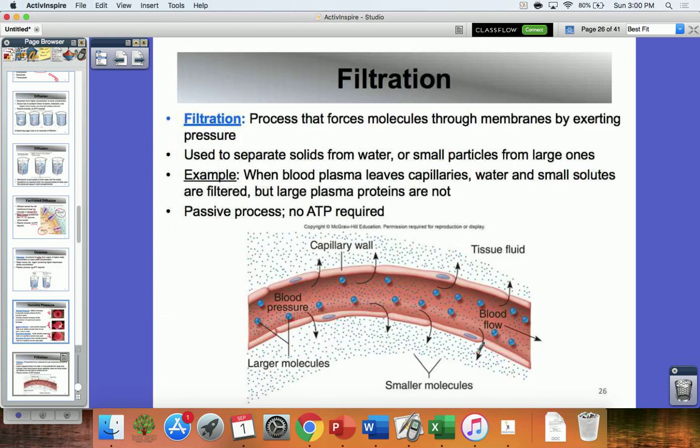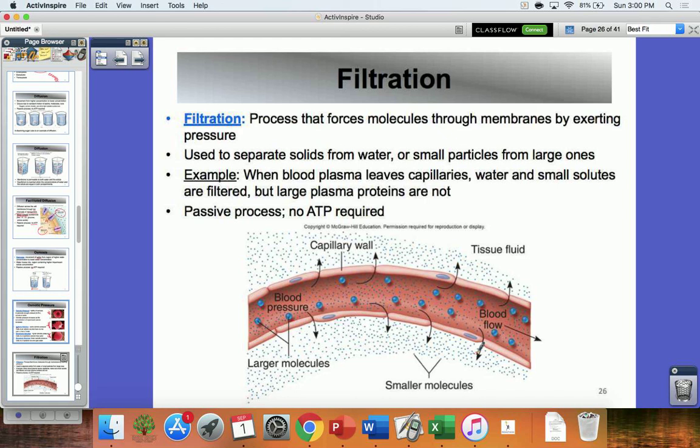Next, we have filtration. Again, filtration is a passive process, but in this case, particles or molecules will be moved because of pressure that's being placed on them. And it could be various types of pressure, and you'll talk about that throughout different systems.